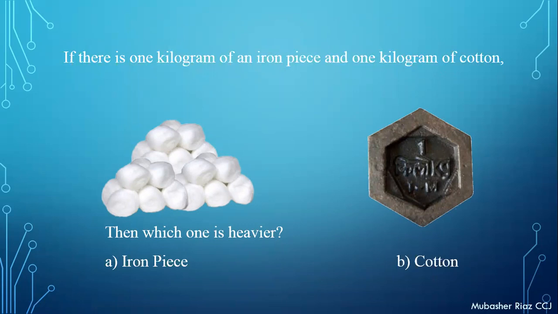The density of iron is greater than the density of cotton, because the same mass of an iron piece is confined within a small volume, whereas cotton possesses the greater volume. A substance with greater volume will have less density, and a substance with smaller volume will have greater density. That's why the density of the iron piece is greater than the density of cotton of the same mass.